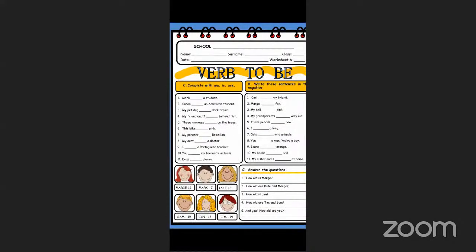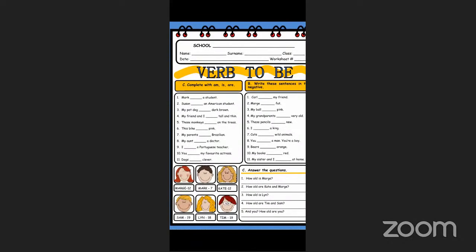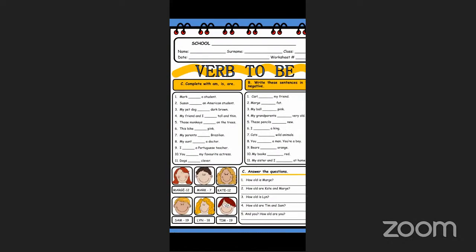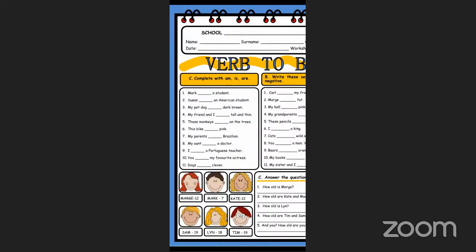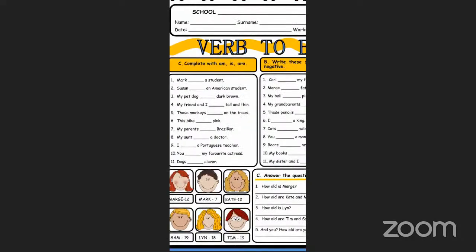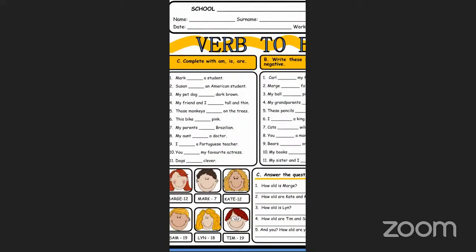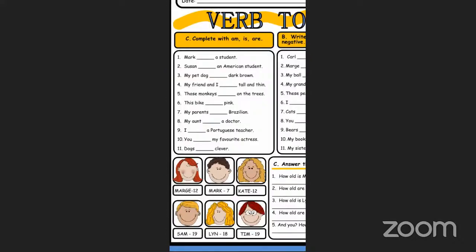Look at part C now. Negative sentences we have done. Look at part C. There are some phrases. And you have some questions. Their ages are given.